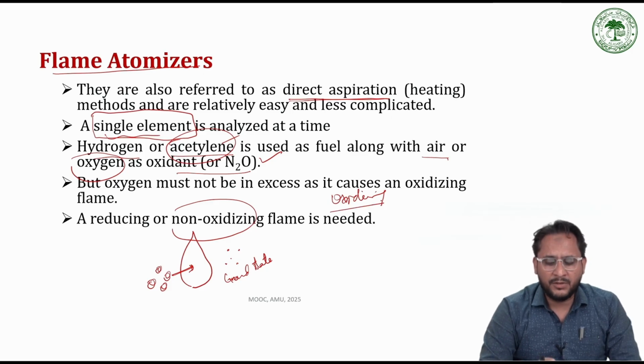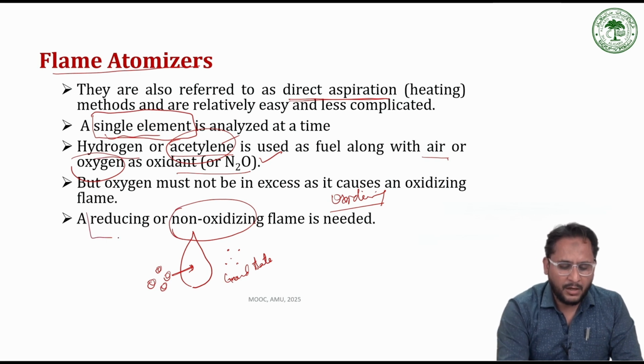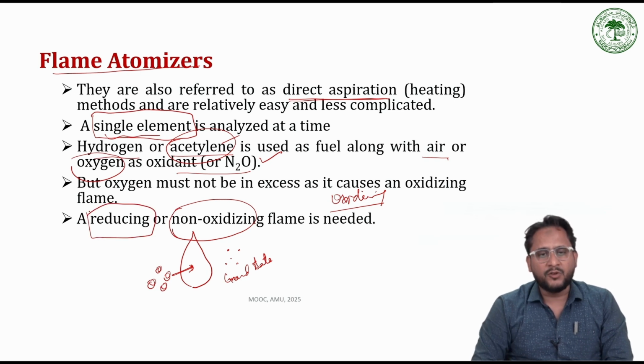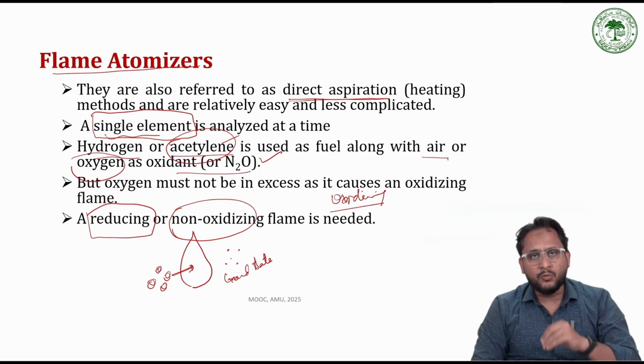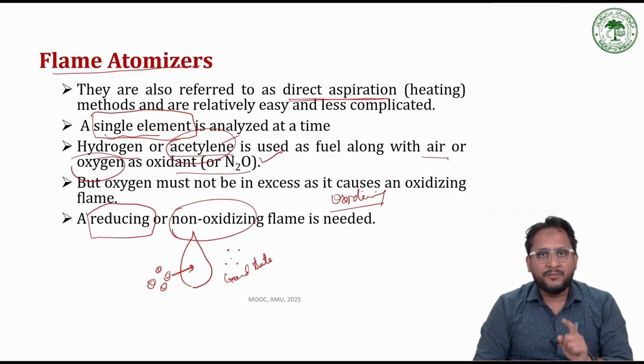But in this technique, we do not need an oxidizing flame. We need a non-oxidizing, or I should say a reducing flame. So the flame that is being used for direct aspiration should not be an oxidizing flame. That flame should be a reducing flame, or we can say a non-oxidizing flame.